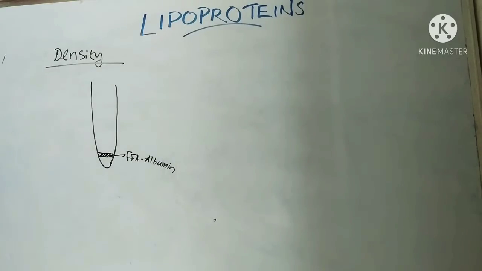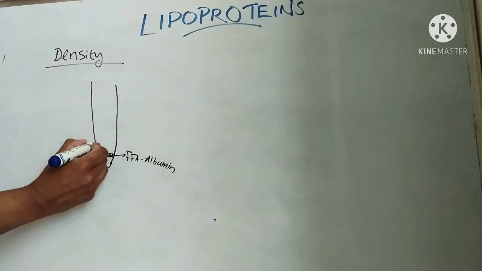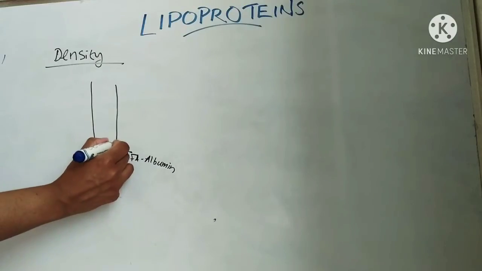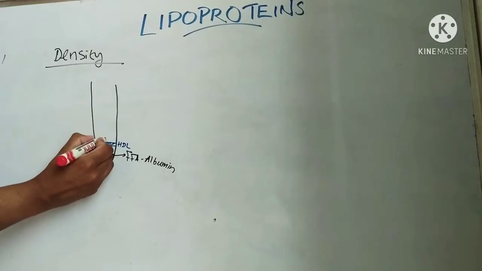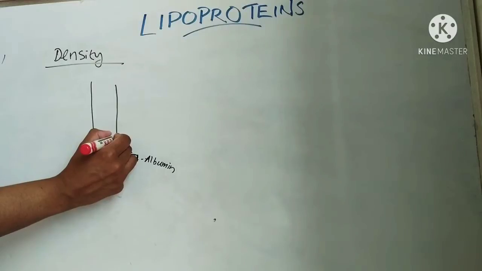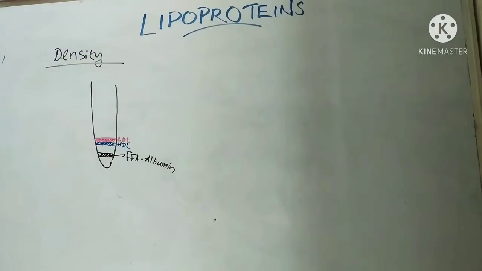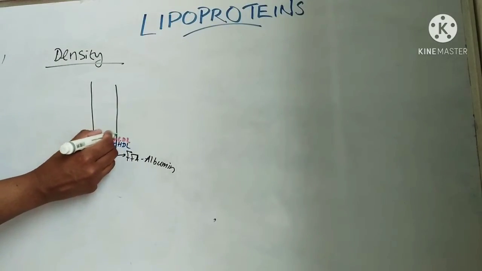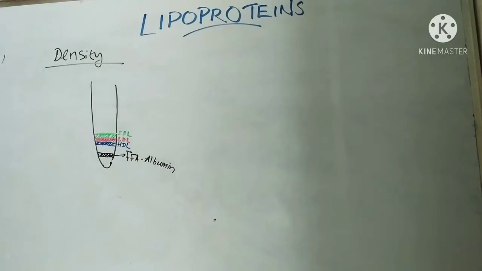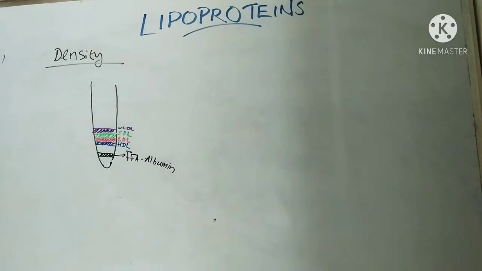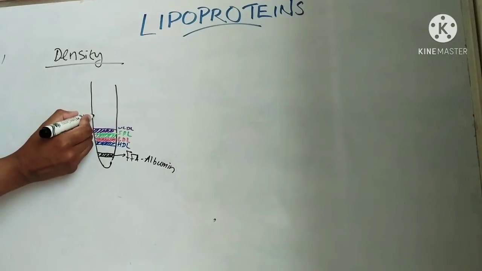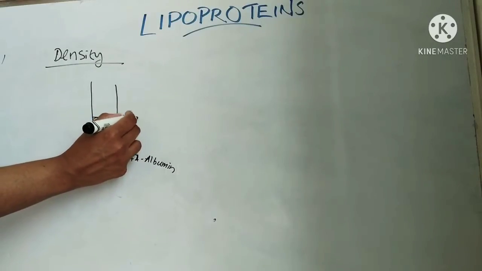If this is a test tube, above the free fatty acid with albumin will be HDL. Then after that LDL, then IDL, then VLDL, and here it is chylomicrons.